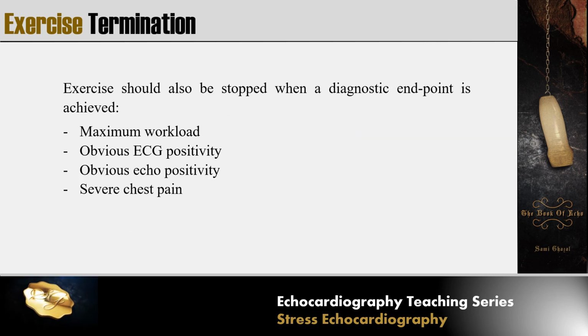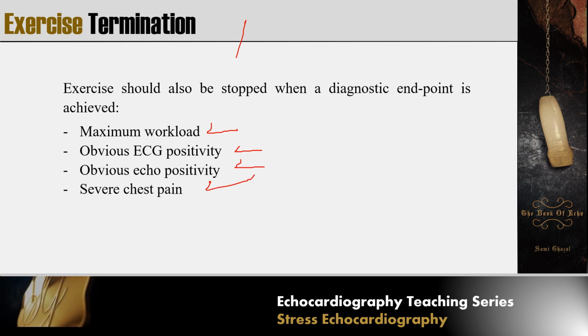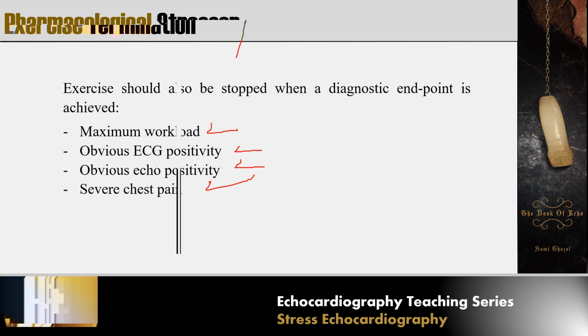Exercise should also be stopped when you reach your diagnostic endpoint. So either the patient already reached the maximum workload, or there is obvious ECG positivity or obvious echo positivity or severe chest pain.